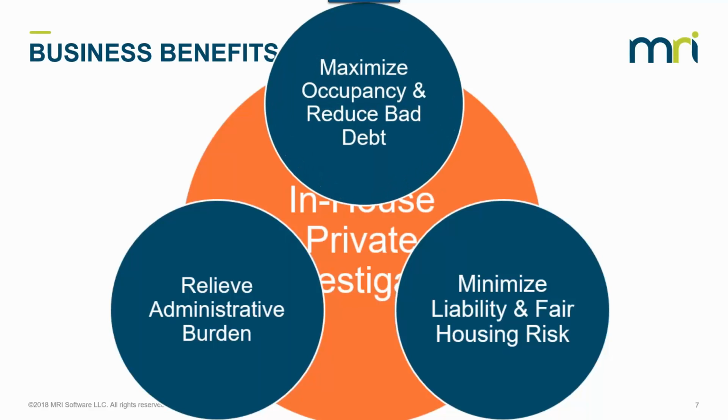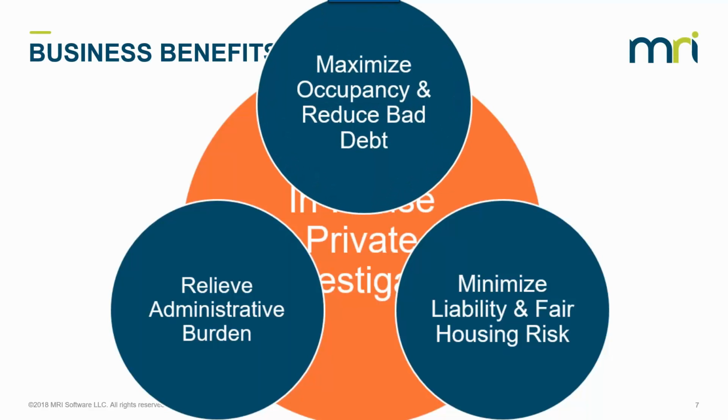These two things combined lead to the next business benefit, which are a couple of your key performance indicators. That is occupancy and reducing bad debt. Again, back to reducing the false positives and making sure that the property criteria is applied correctly and uniformly across all applicants, it's going to ensure that you maximize your occupancy.